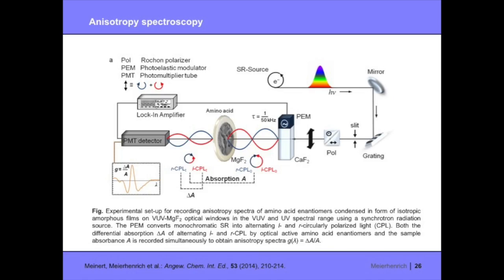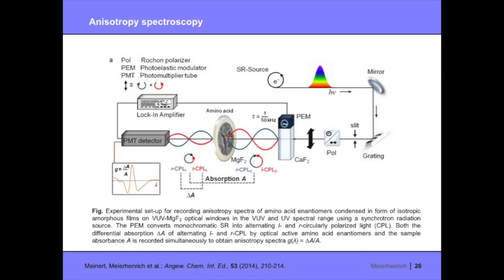Then we went a step further and said, this differential absorption you know already. But if you want to study the transfer of the chirality of the chiral photons towards organic molecules, you also require information on this G. And G is called the anisotropy factor.